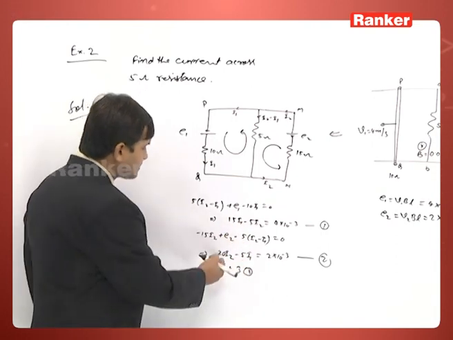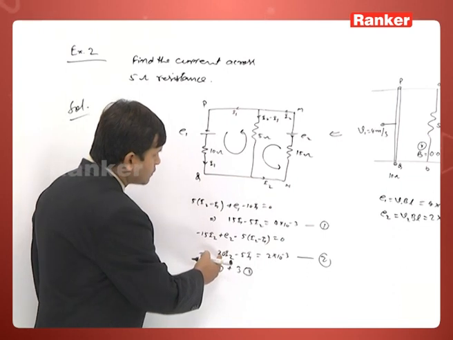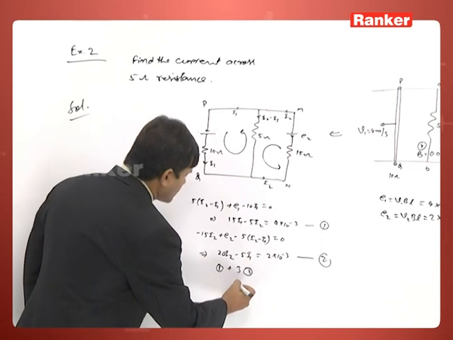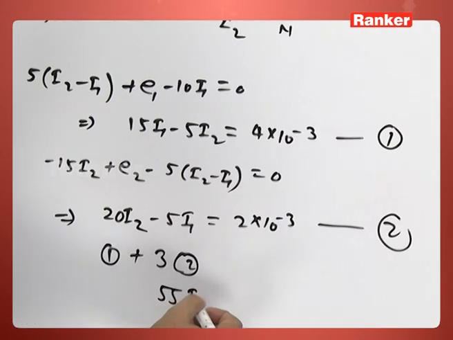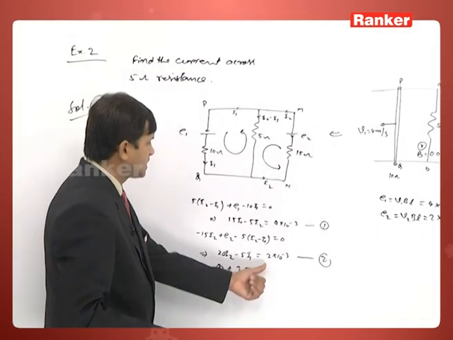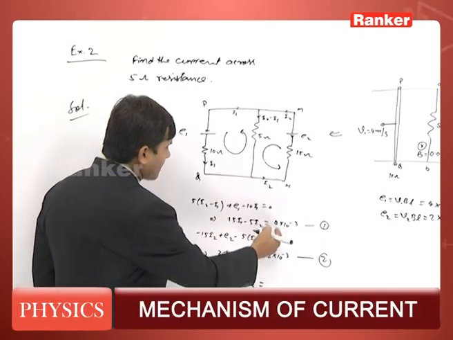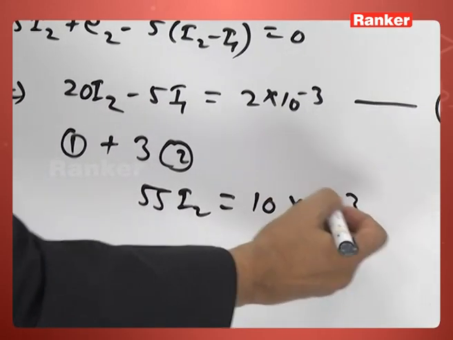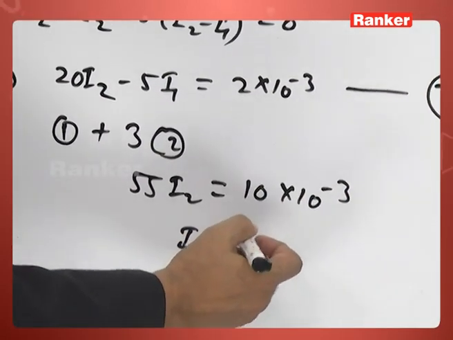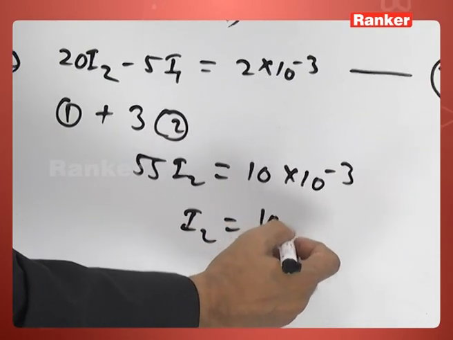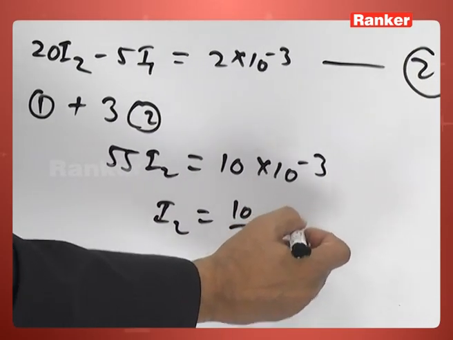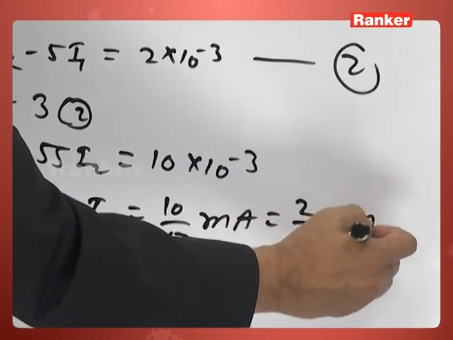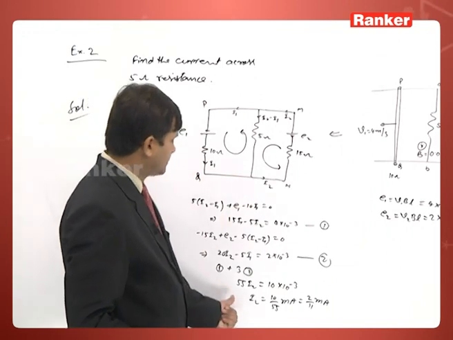So 20 into 3 is 60 I2, minus 5 I2 gives 55 I2, which is equal to 3 times 2, that is 6, plus 4, which is 10, into 10 to the power minus 3. So I2 is 10 by 55 milliampere, or 2 by 11 milliampere. This is the value of I2.